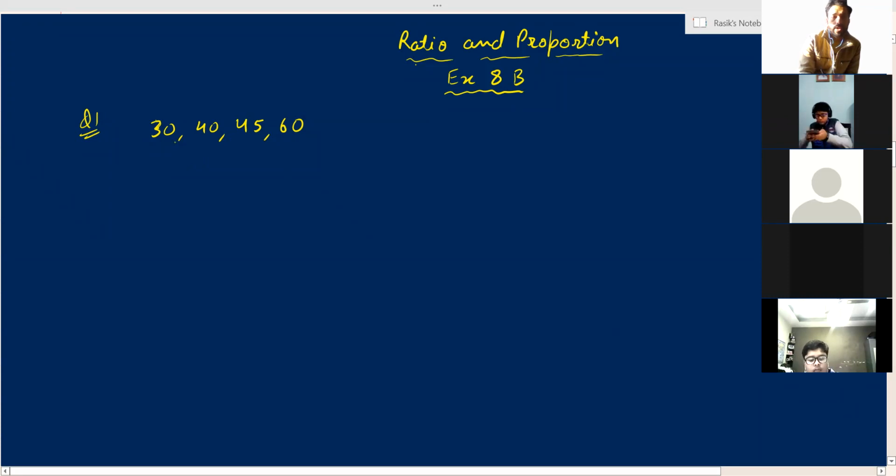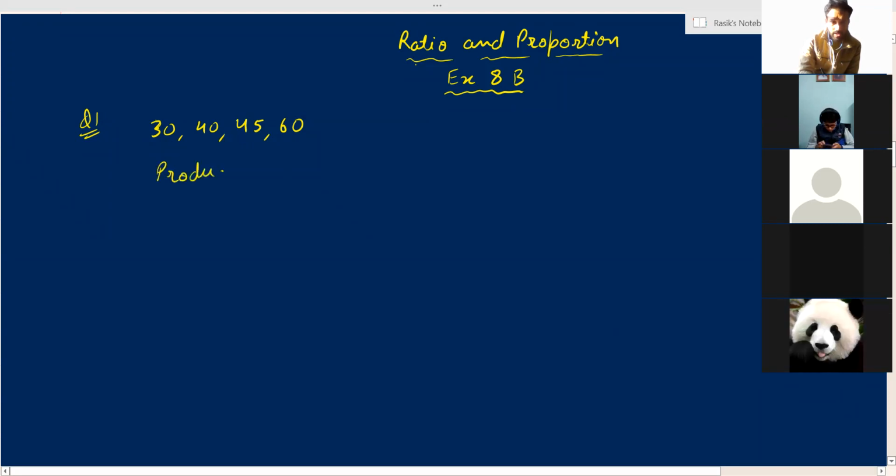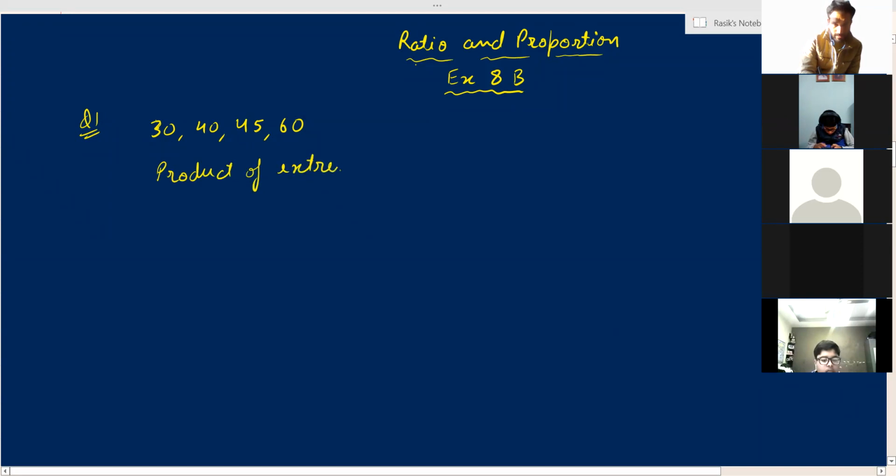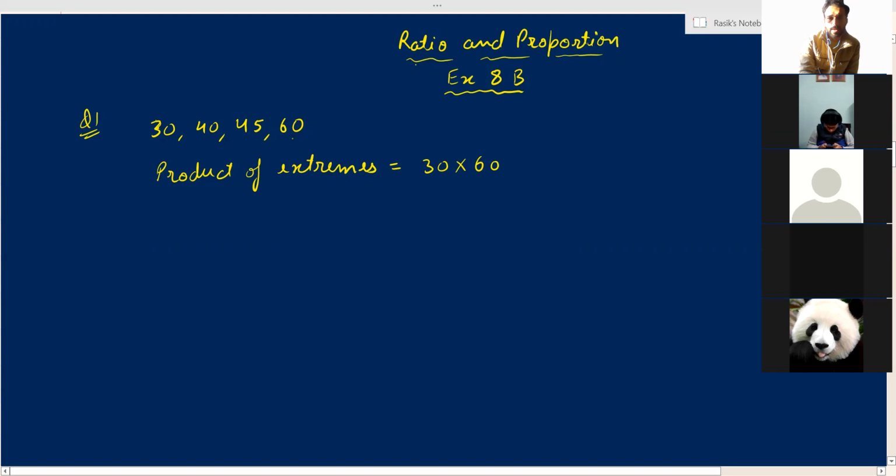When we have to show that the numbers are in proportion, we have to prove that the product of extremes is equal to the product of means. Product of extremes means the first number multiplied by the last number, 30 multiplied by 60. What do you get?